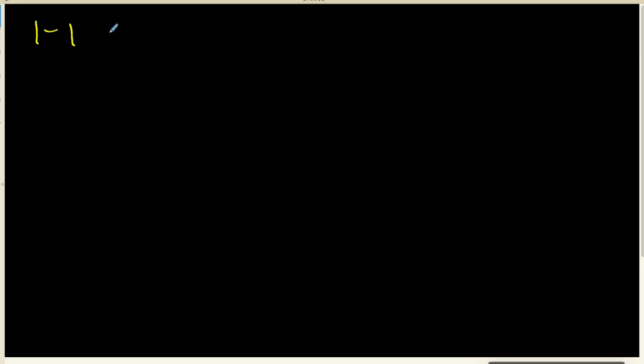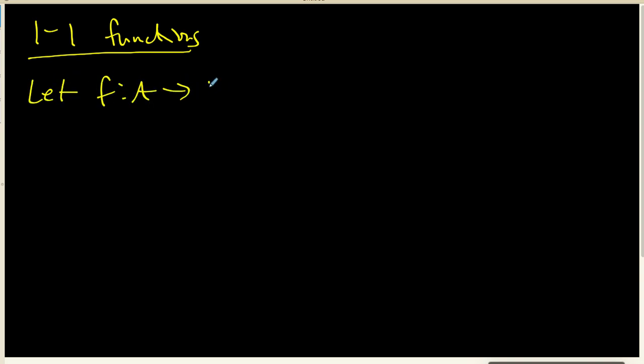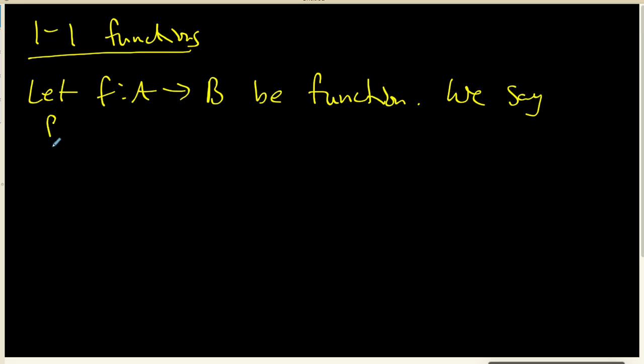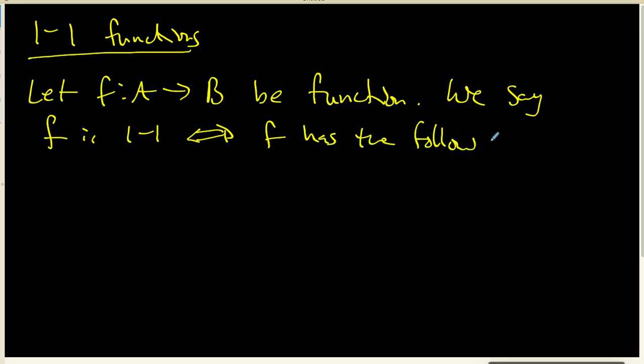The first one that I want to look at are one-to-one functions. The formal definition of one-to-one is the following. Let f, going from A to B, be a function. We say f is one-to-one if and only if f has the following property, and I'm going to state it in two different ways.